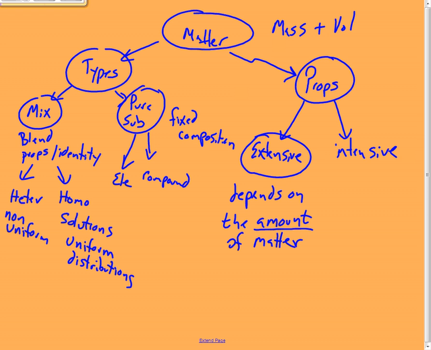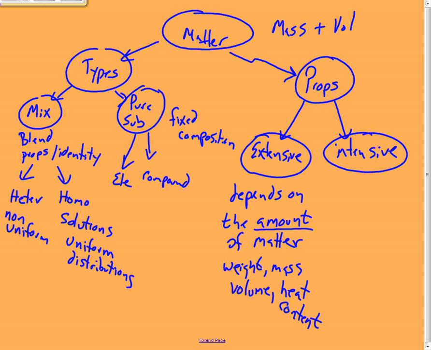It only depends on the amount of matter. These are things like weight, mass, volume, and believe it or not, the amount of heat content. These all depend on the amount of substance that I have.